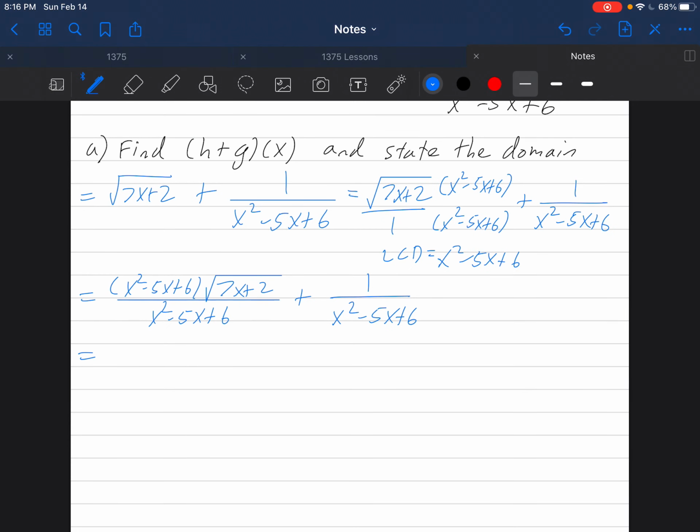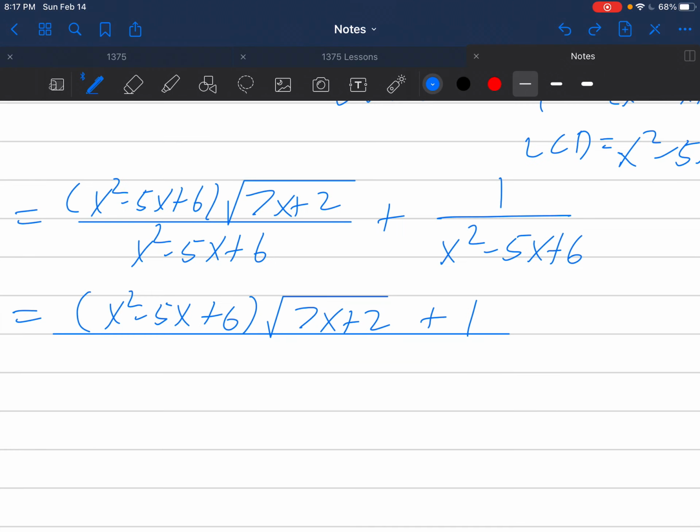So this is going to equal x squared minus 5x plus 6 times the square root of 7x plus 2 plus 1 over x squared plus 5x plus 6.